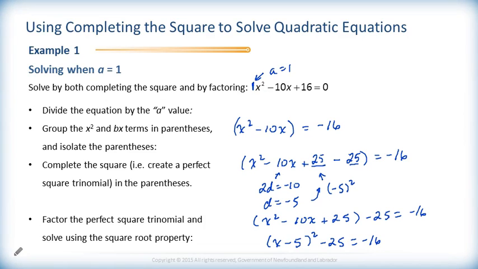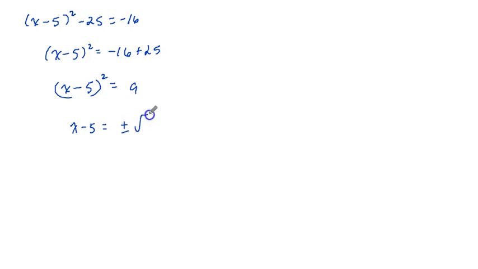I'll go to a new slide. And we're now in a position to apply our square root property as soon as we get that (x minus 5) squared isolated. So I've got (x minus 5) squared equals 9 here when I add 25 to the other side. So x minus 5 equals plus or minus the square root of 9. That's plus or minus 3.